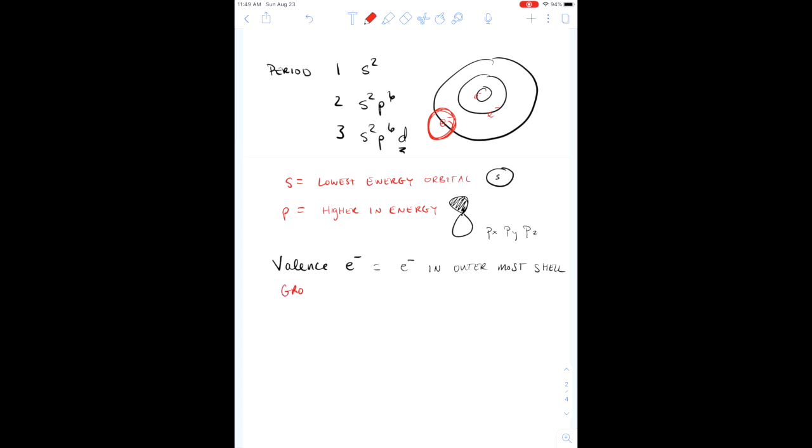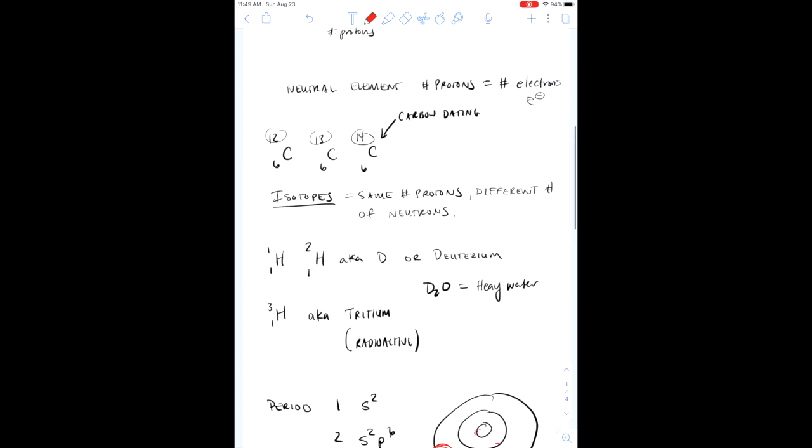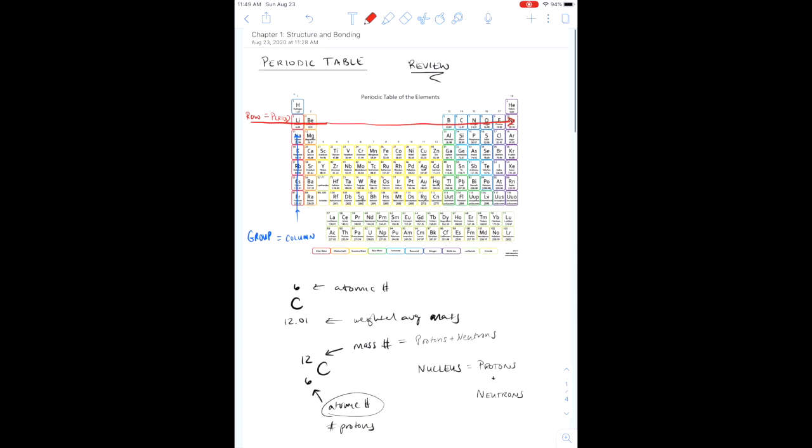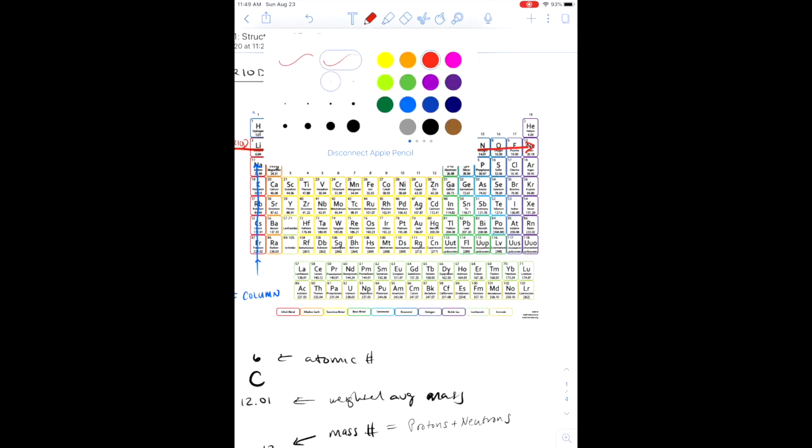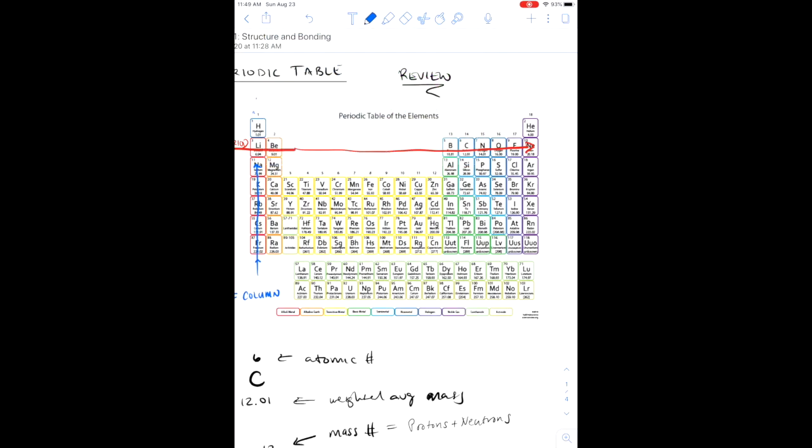Those are the ones that are making the bonds, and those are the ones that are reacting and kind of giving up electrons and taking them, or, well, I guess electrons aren't taking them, but you get what I mean. So that's pretty much why these valence electrons are so important, because that's what we're working with this whole time in organic chemistry.